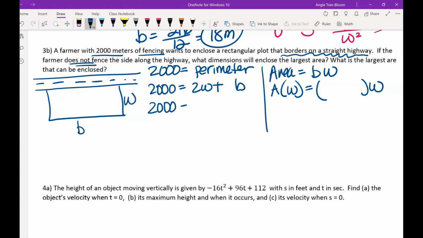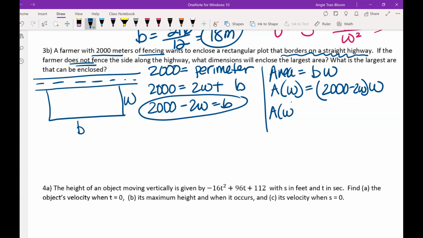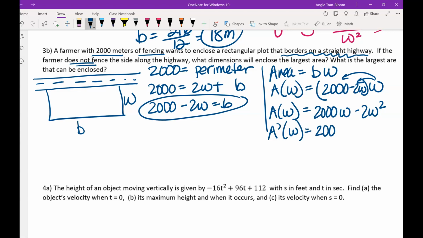So 2,000 minus 2W equals a base. Put it over here. So 2,000 minus 2W. I am going to take the derivative to find the critical points, but this time it's easier to distribute and use the power rule. Okay, so here we go. A prime with respect to W is just 2,000 minus 4W.